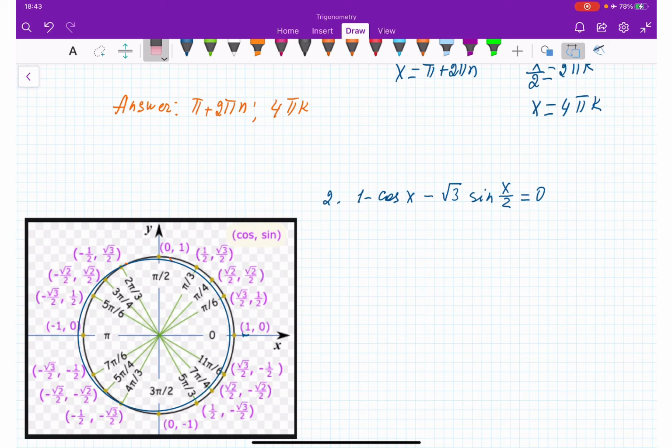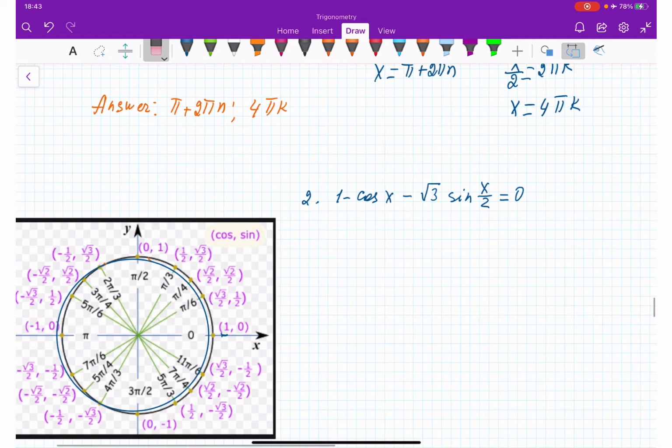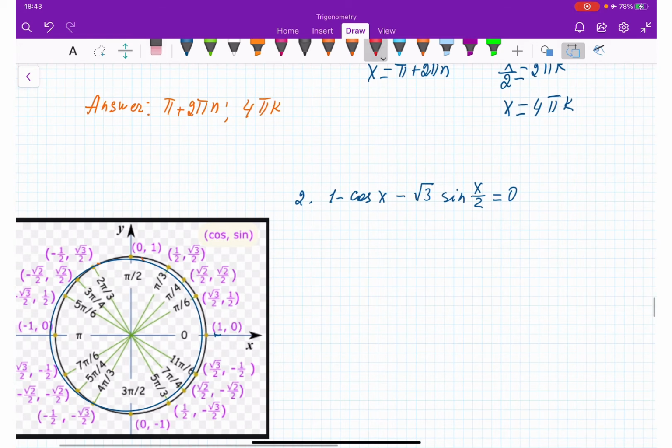So we need to decide which one to convert to which one. We can solve both problems at once. There is a formula: 1 minus cosine alpha is equal to 2 sine squared alpha over 2.